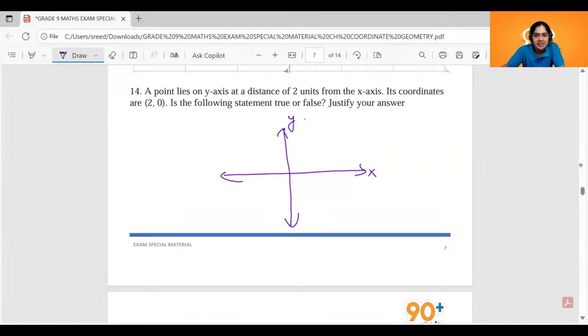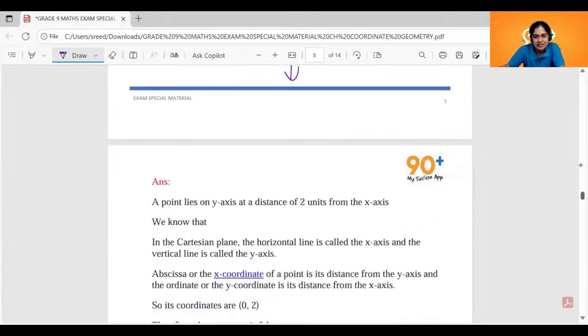So a point lies on y-axis, agreed, at a distance of 2 units from x-axis. This is x-axis. And its coordinate is 2, 0. Actually, we can have 2 lines over here.